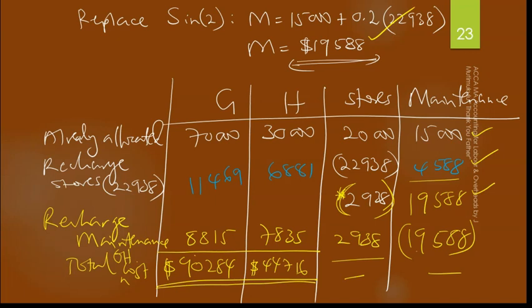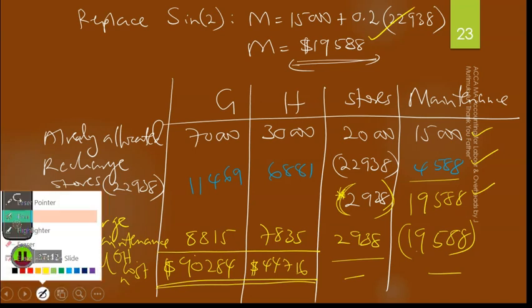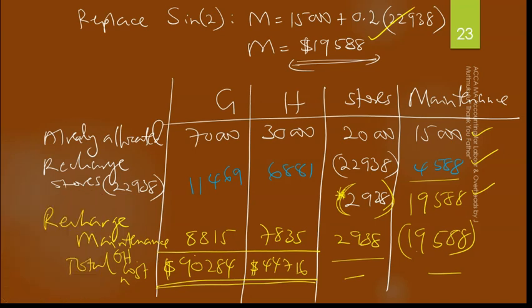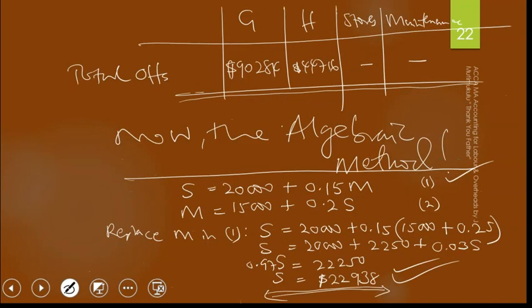All right, and I also want you to appreciate that these costs are similar whether we are using the algebraic method or the repeated distribution method. The total cost for department G was 90,284 from the algebraic method, and it is similar in the repeated distribution method.